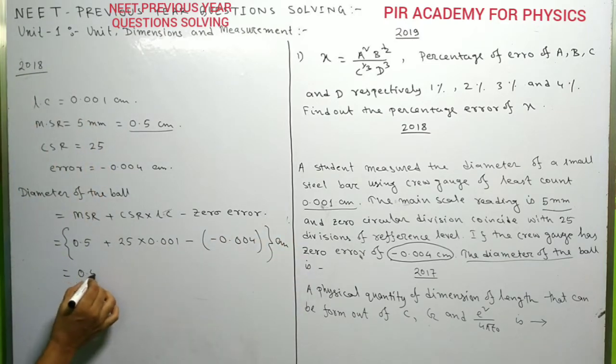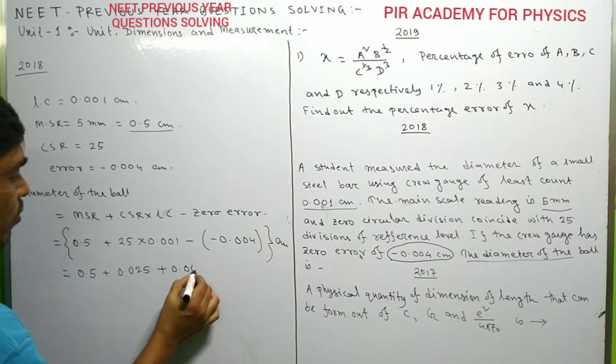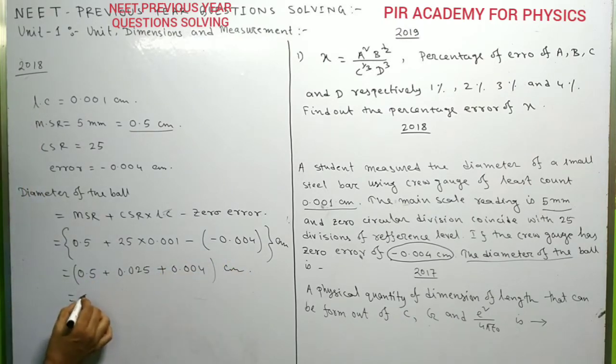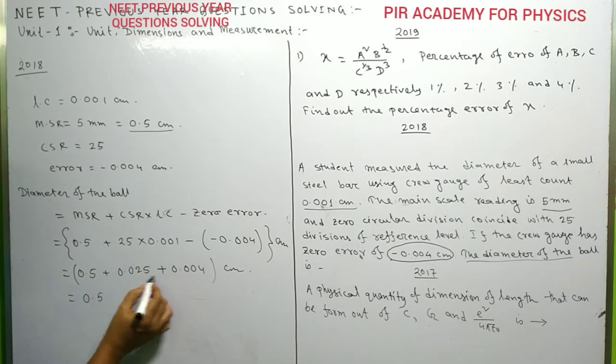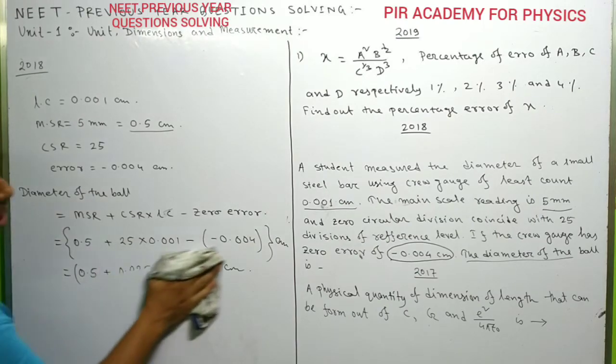Now it will be 0.5, here it will be 0.025 and here will be plus 0.004. This will be in cm. Now if I add the 3 values, then it will be 0.529 cm. So the diameter of this bar or ball is given by 0.529 cm.